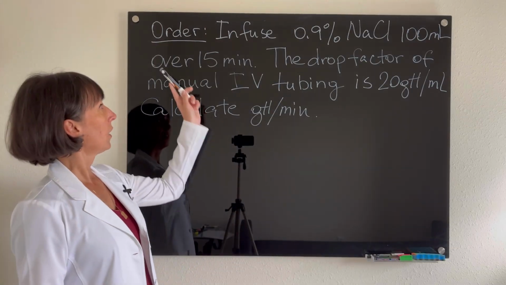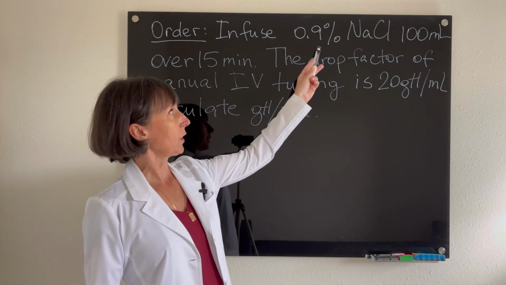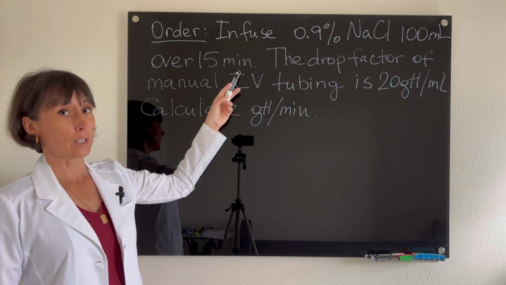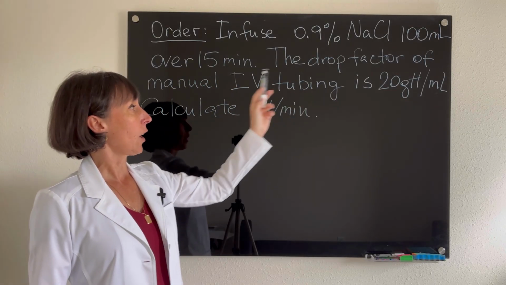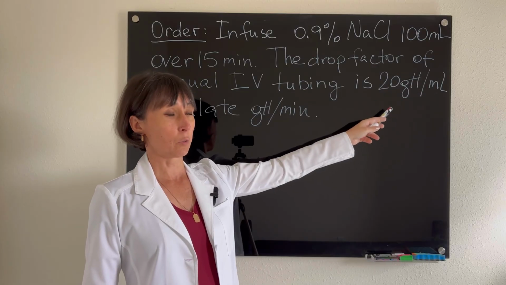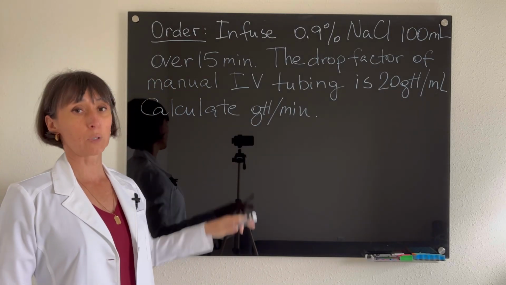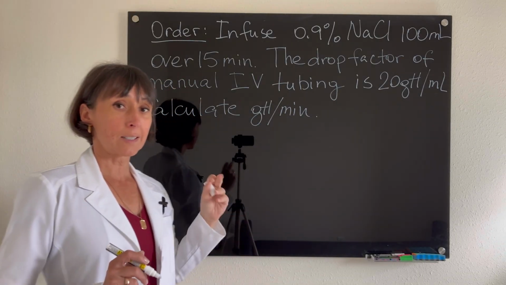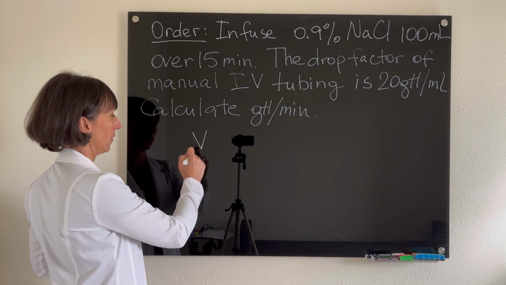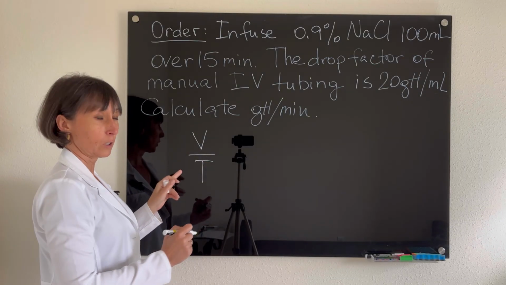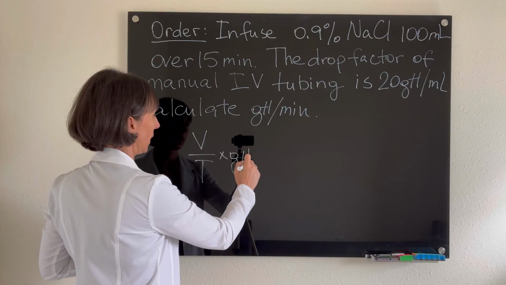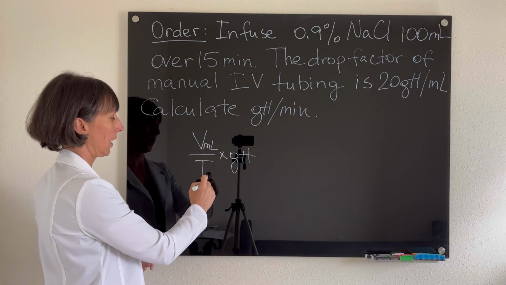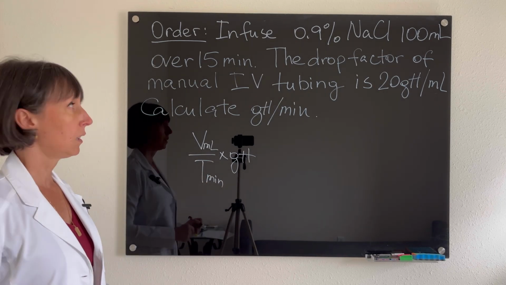Here's another problem. Order: infuse 0.9% sodium chloride, 100 milliliters, over 15 minutes, and the drop factor is 20 drops per milliliter, and we need to find drops per minute to set on the manual IV set. Once again, we're using the same formula, volume over time times GTTs. And remember, volume is in milliliters, time is in minutes.